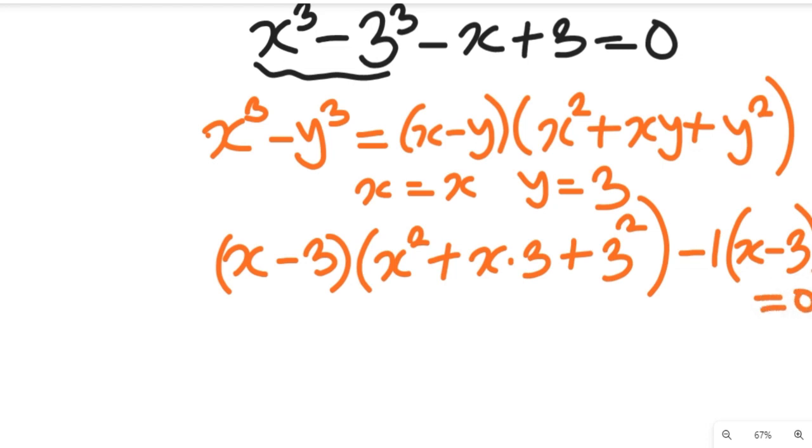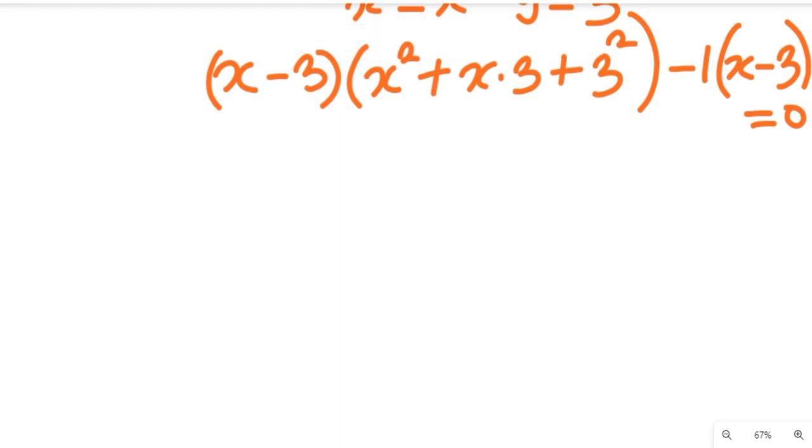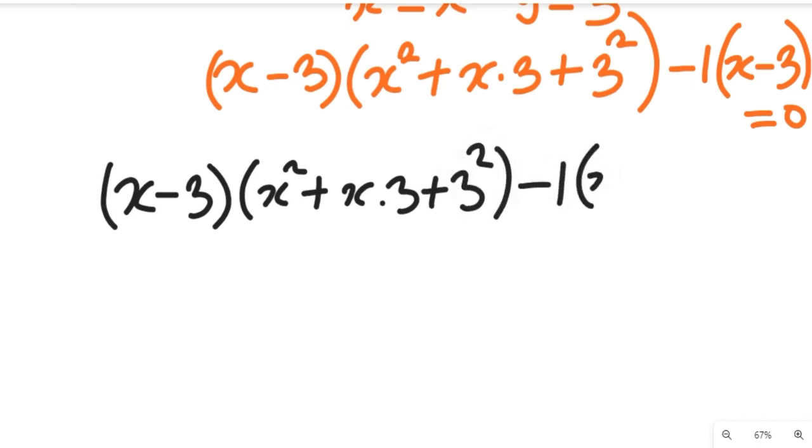Remember, minus 1 times x will give us minus x, and then minus times minus will give us plus, 1 times 3 will give us 3. So we just expanded that expression. So this expression will now give us, let's write it on a straight, x minus 3, and then we'll have x squared plus x multiplied by 3 plus 3 squared minus 1 x minus 3 equal to 0.